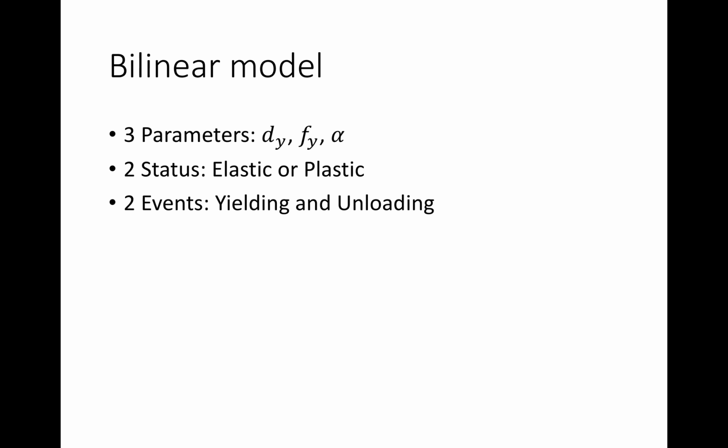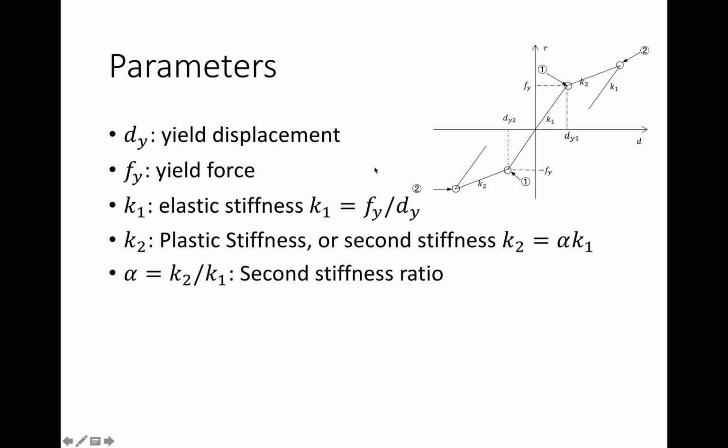And there will be 2 statuses for the bilinear model: elastic status and plastic status. From elastic to plastic status, there is an event called yielding, and when the unloading event happens, the model will come back to elastic status from plastic status. For the parameters, dy is the yield displacement and Fy is the yield force.